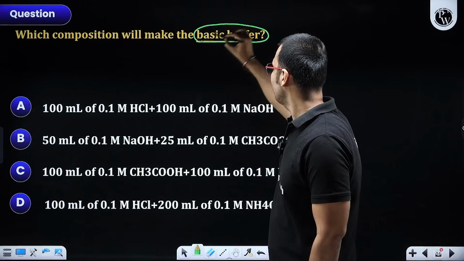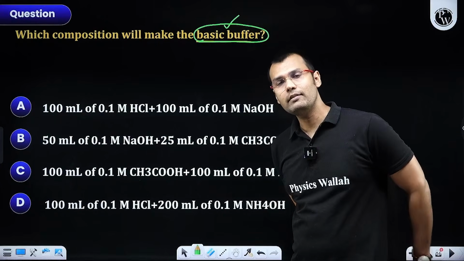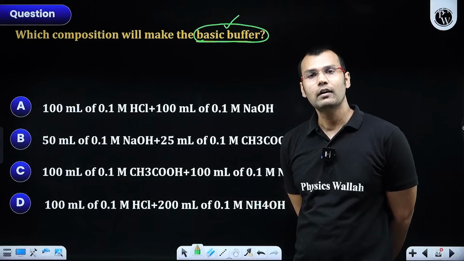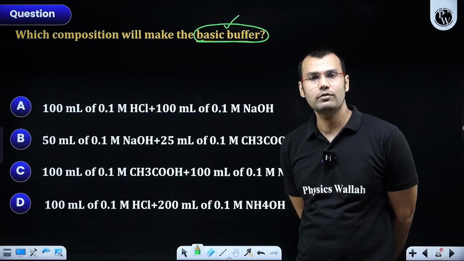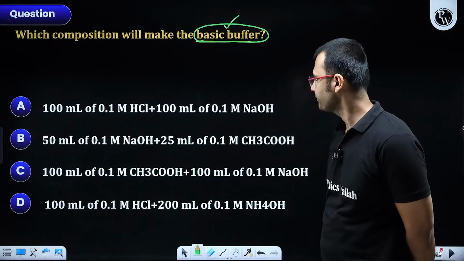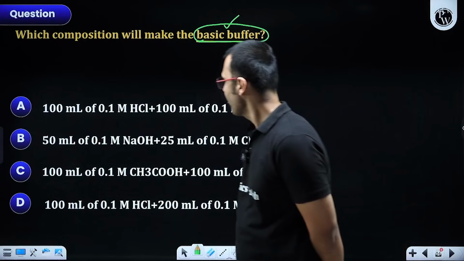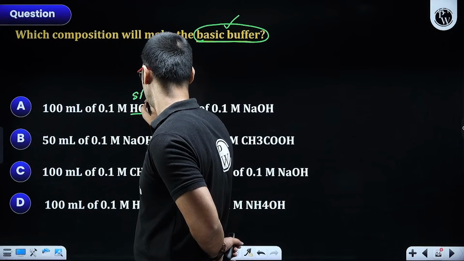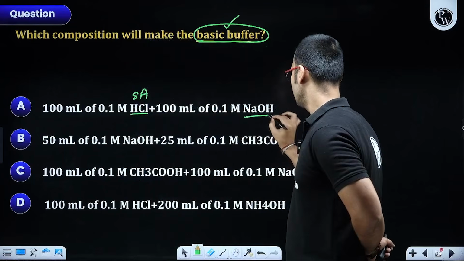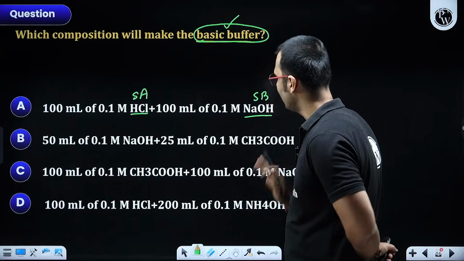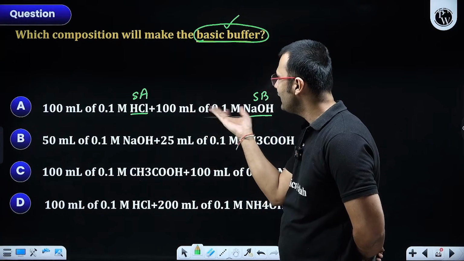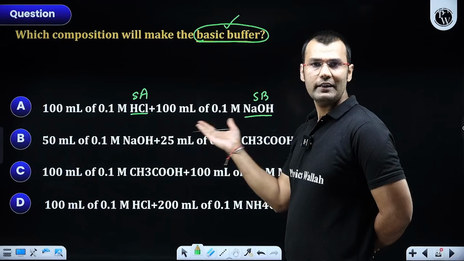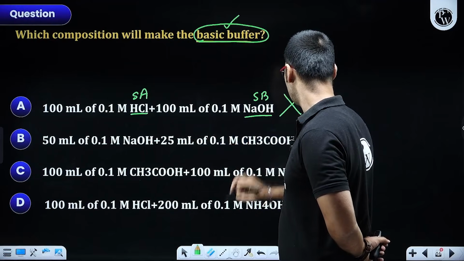For a basic buffer, we should have a weak base along with the salt of the weak base with a strong acid. In the first option, they are mixing HCl, which is a strong acid, with NaOH, which is a strong base. Here you notice, you do not have any weak base component. If you don't have a weak base, you can't prepare a basic buffer from this.